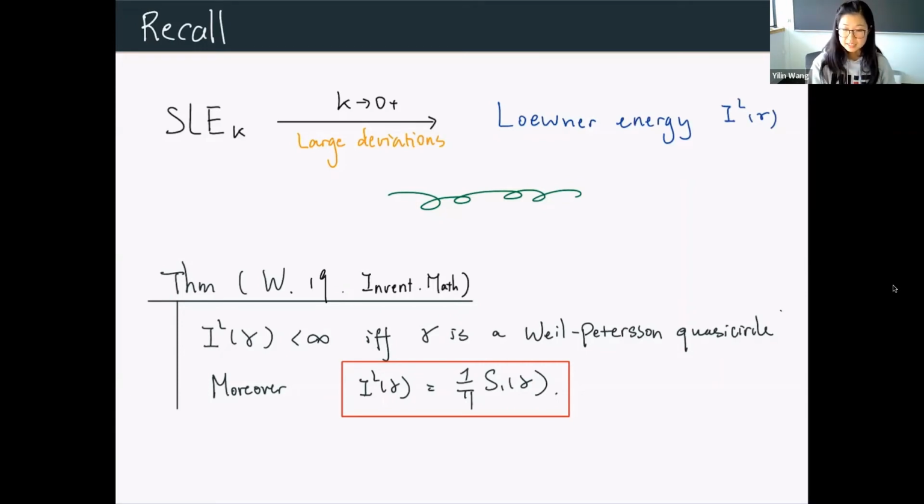I just remind you that when I take kappa goes to 0, large deviation, I obtain the Loewner energy, which measures how likely SLE kappa is to stay close to a given curve gamma. And that's the Loewner energy equals to this S1, the Liouville action divided by pi.